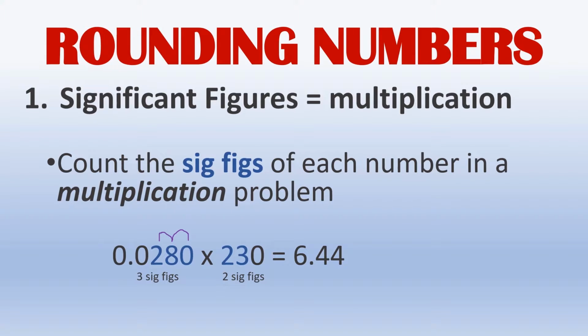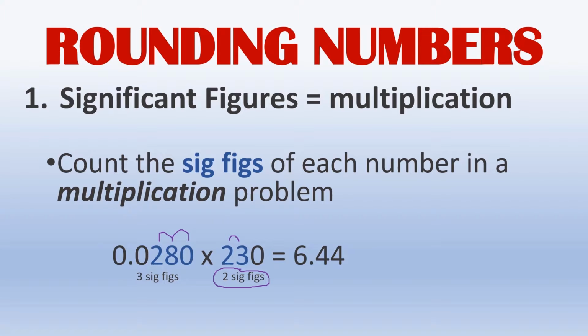The other number going into the multiplication problem is 230, and that has 1, 2 significant figures. Out of these 3 significant figures or 2 significant figures, we're going to choose the least, which in this case is the 2 sig figs from the 230.